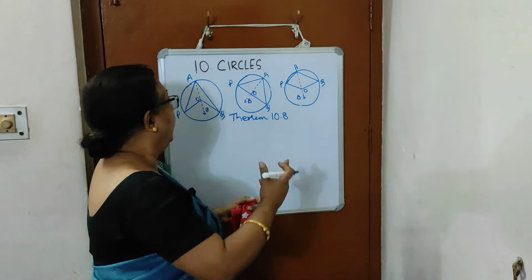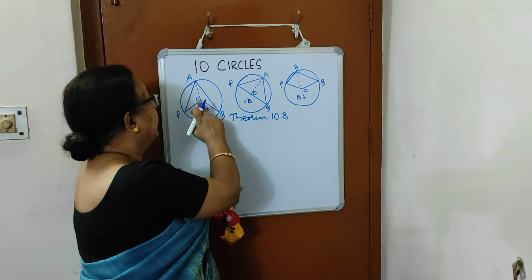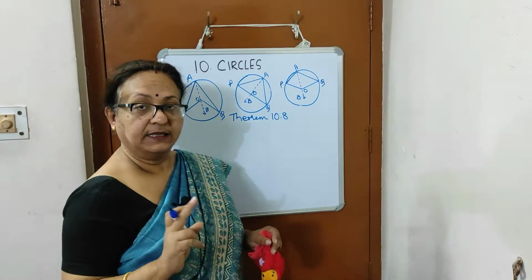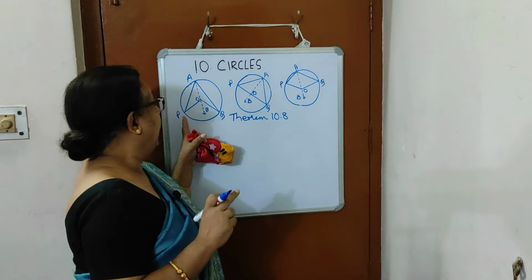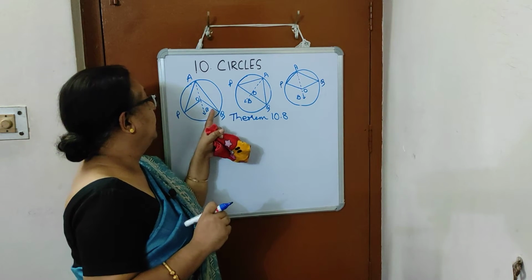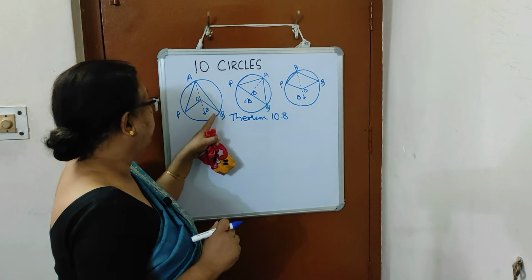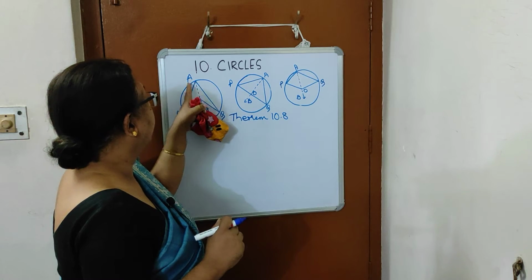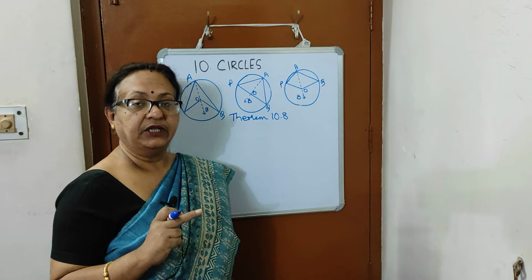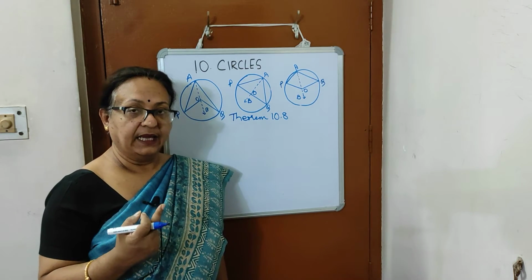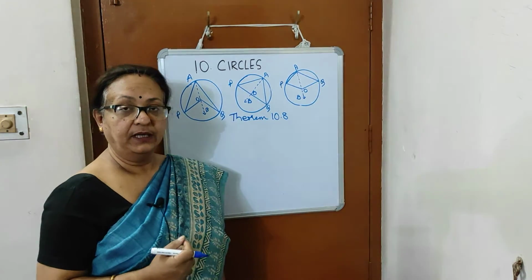For example, if this angle is 30, then the angle at the center will be 60. Clear children? An arc makes an angle at the center and the same arc makes another angle at any point on the circle, then the angle at the center will be twice the angle at any other point on the remaining part of the circle.